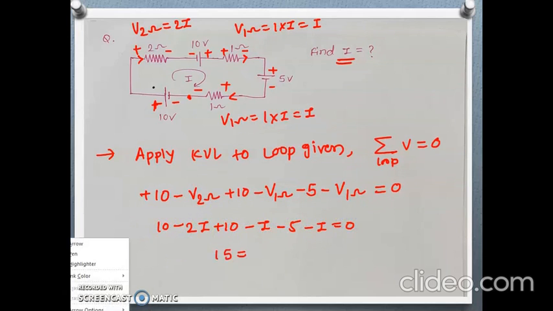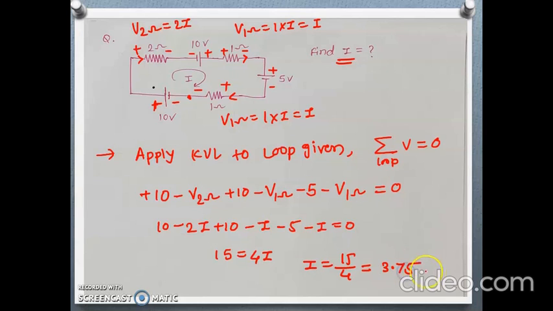So 10 plus 10 minus 5 will be 15, and 2I plus I plus I is 4I. So 15 equals 4I, so I will be 15 divided by 4, which is nothing but 3.75 ampere, and this is the required value of current.